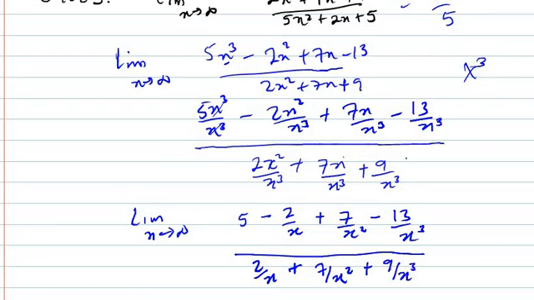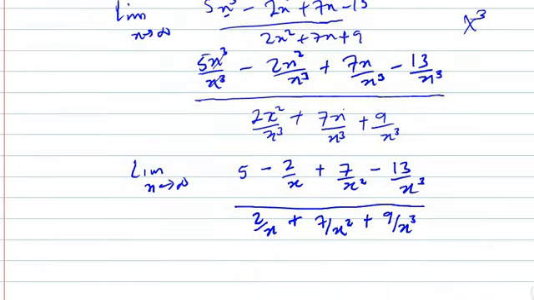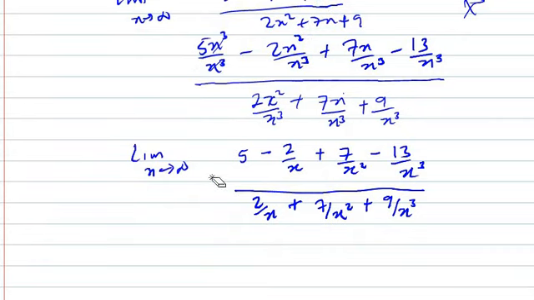So since you divide through by x cubed to each term, our limit is as x goes to infinity.